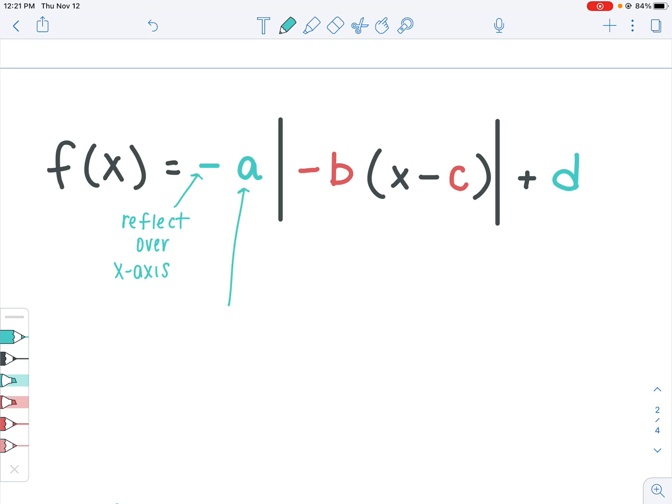The a, the number multiplying outside, is going to be my vertical stretch or vertical shrink. Remember, this is a whole number.